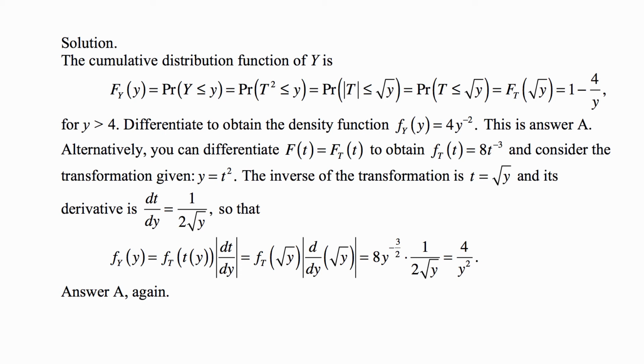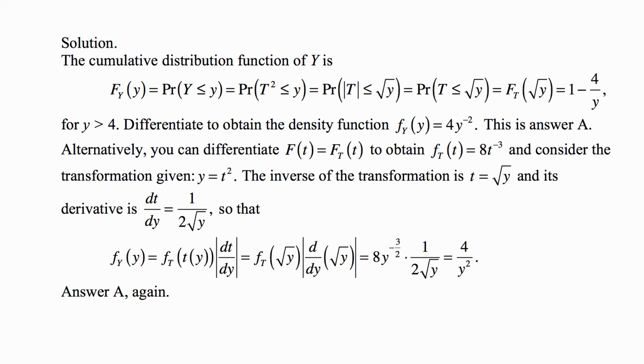So we plug in the value of t that corresponds to y. It's the square root of y. So that's f sub T of the square root of y. And then what is the derivative of the square root of y? It's 1 over 2 square root of y. f sub T of t is 8t to the negative 3.